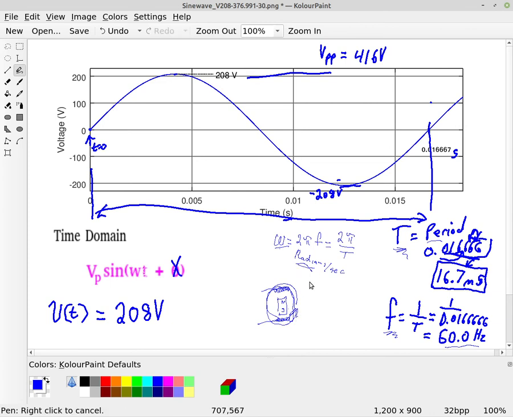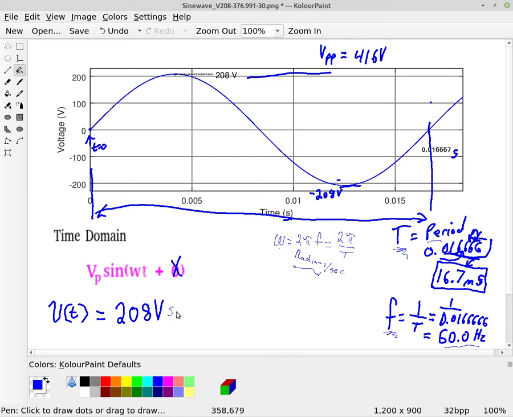And so radians per second is how many complete revolutions this generator, or a motor being driven by this, is going to travel, assuming at least that we have only 2 poles in the motor. So radians per second is an indication of how fast the generator is spinning around to generate this.